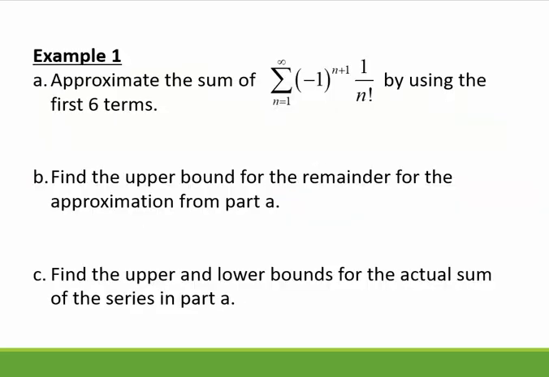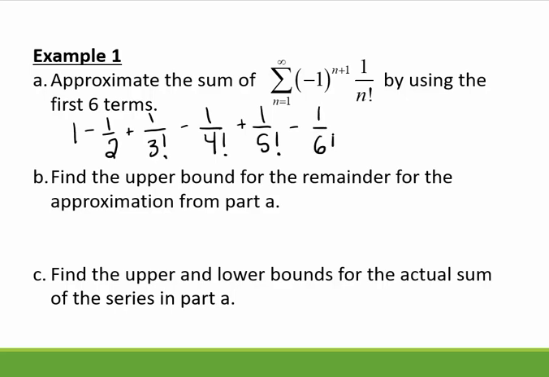Okay, let's do an example. Let me flip to my example. Approximate the sum by using the first 6 terms. So just plugging in 1 minus 1/2 plus 1/3 factorial minus 1/4 factorial plus 1/5 factorial minus 1/6 factorial.